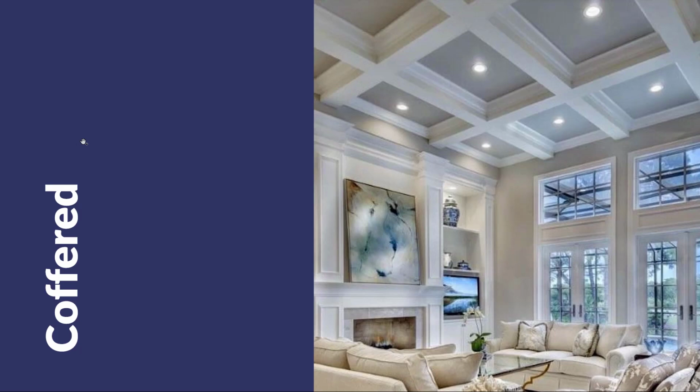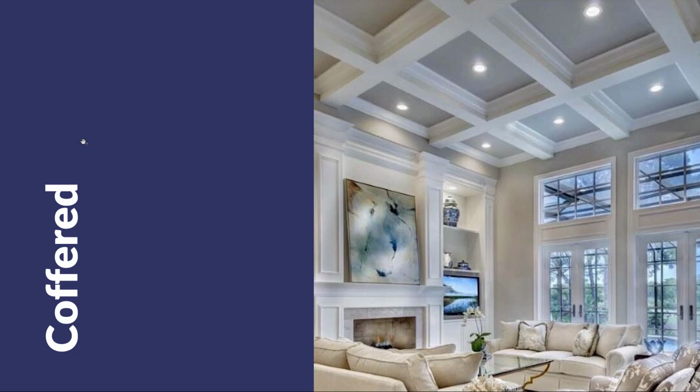We can also have coffered ceilings. So coffered ceilings, in a sense, have a similar look to those beamed ceilings, but this time the structures are made out of trims and molding, so it's not just this exposed beam. It's not as if we are seeing the structure of the building. These are more of a surface application, and so they're more delicate and more polished.